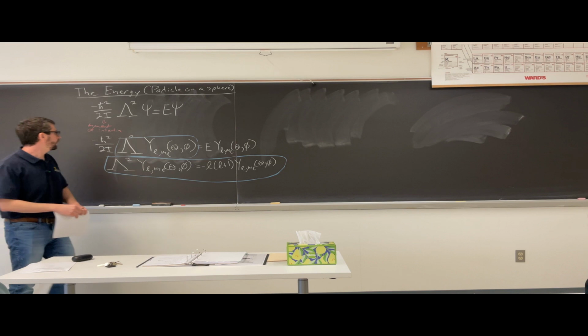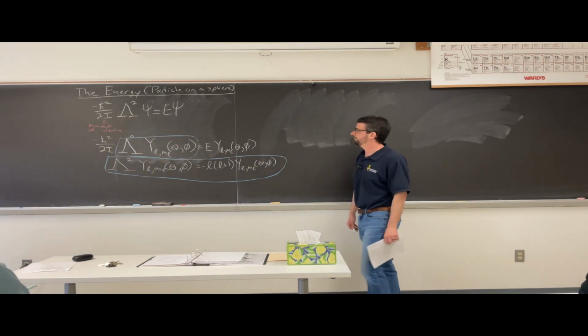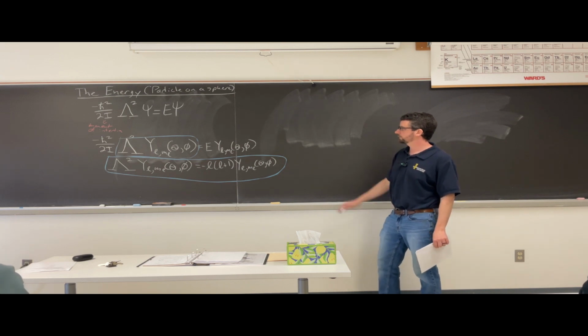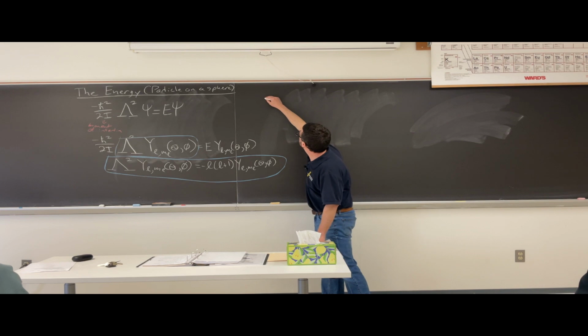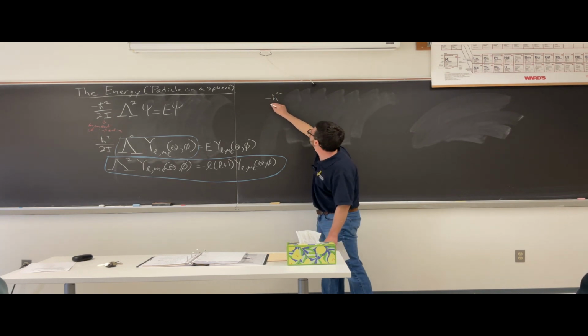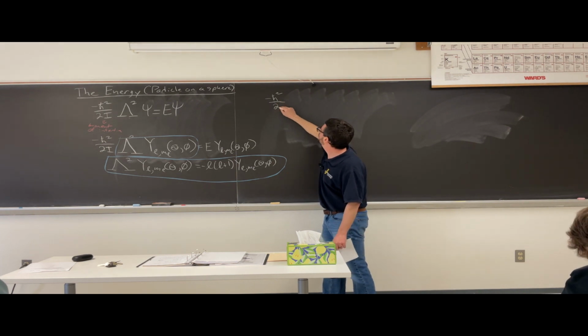So now, how will these two equations, we'll sub this one into that guy, what are we going to get as a result? Negative h bar squared. What else?